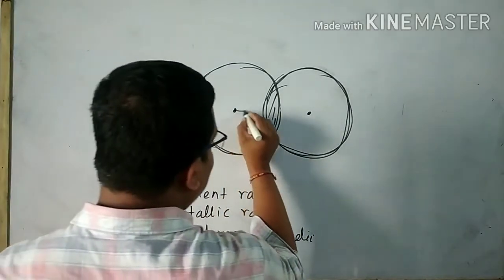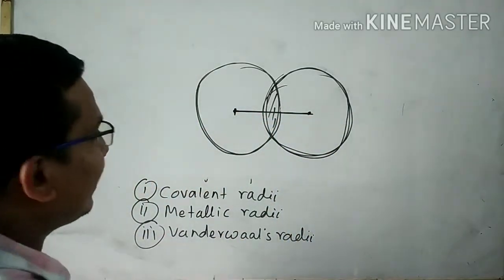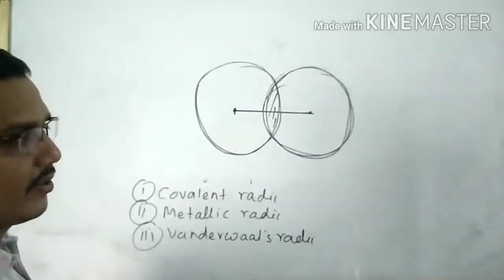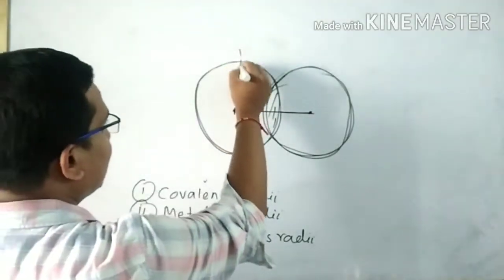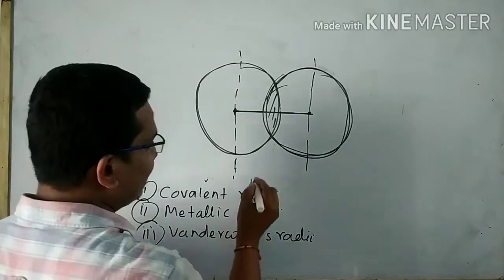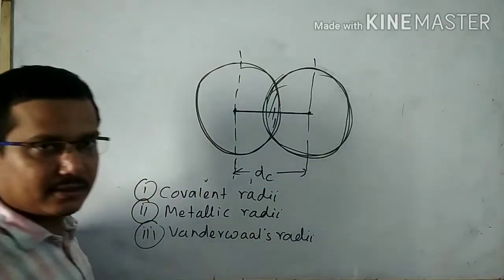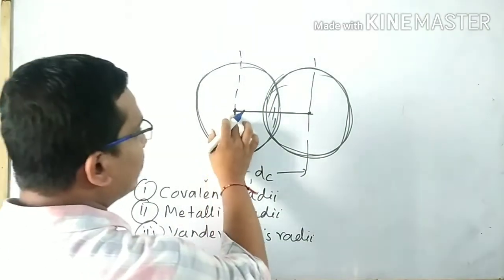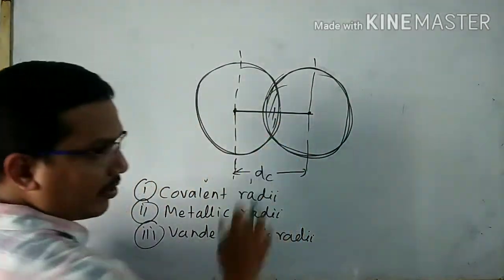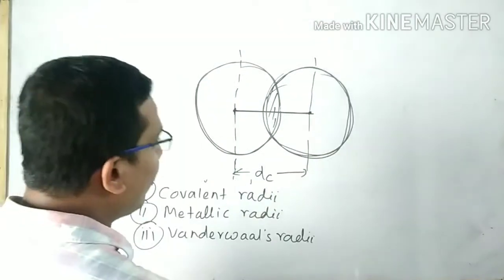This is the distance between the centers of the 2 nuclei of the 2 atoms. Suppose this is DC, the distance between 2 atoms in a covalent bond.